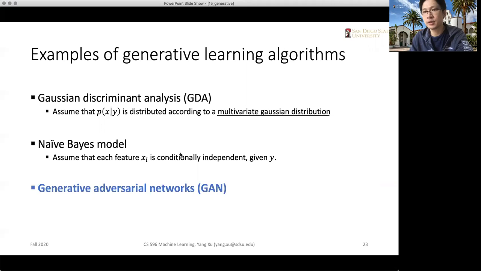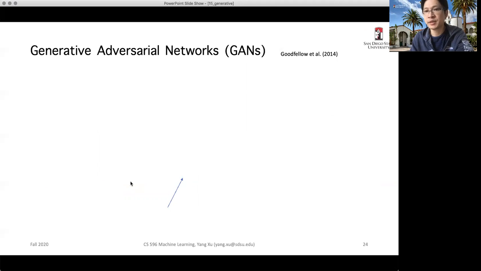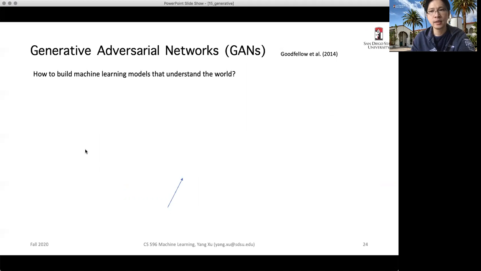The example we're going to use today is from the original work of the creator of this type of model, which is basically from the application of computer vision. It was first proposed in 2014 by Goodfellow, and the basic question that it asks is, how do we build machine learning models that can understand the world?